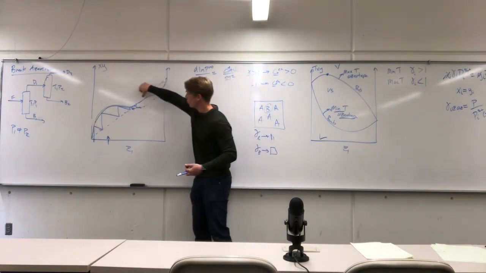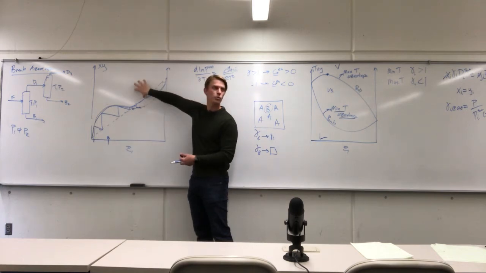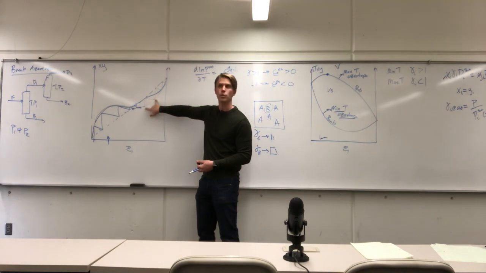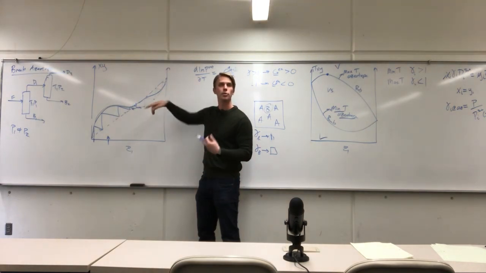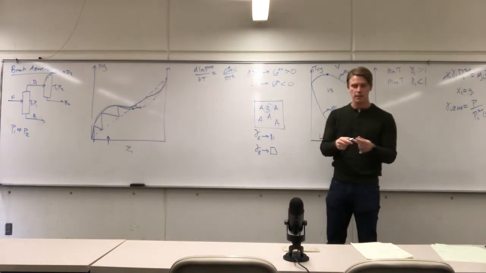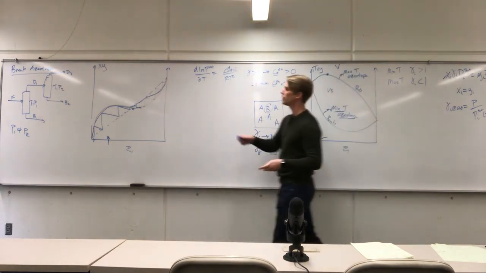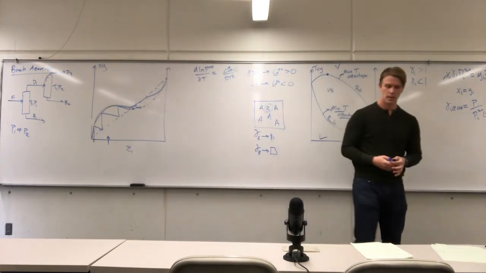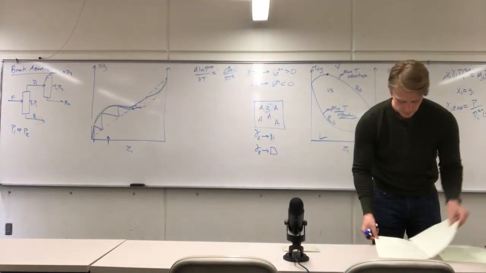My design rule is still my x equals y line. My equilibrium is always going to have to be on my actual equilibrium curve. The procedure is the same, it's just upside down. And that's how you can count out the number of stages on the second distillation column to break the azeotrope. All right, is there anything else to cover?